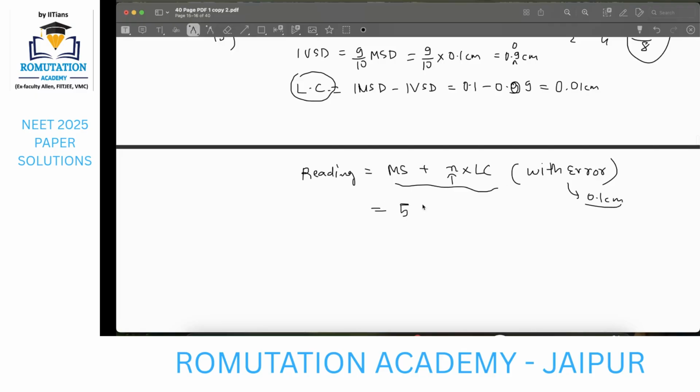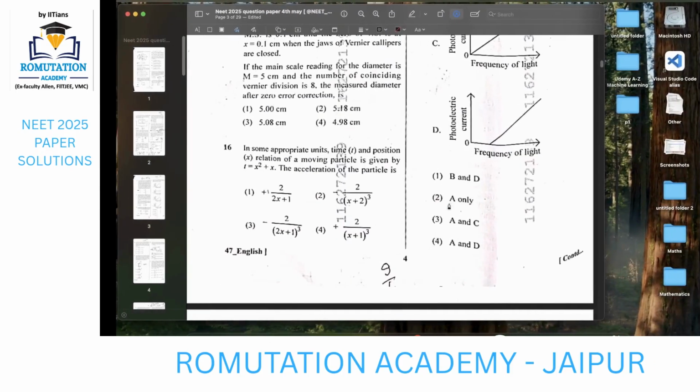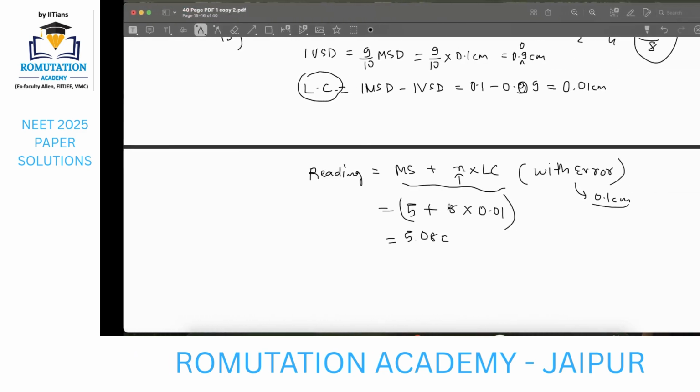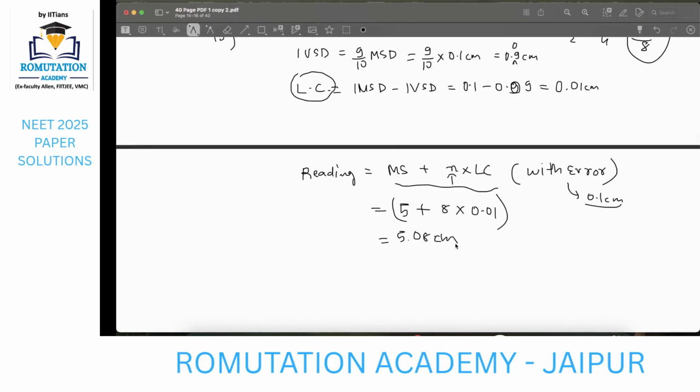So I know this will be 5 plus 8, which is given as this number, into 0.01, right? The answer should be 5.08. Okay, 5.08 centimeter is with the error.